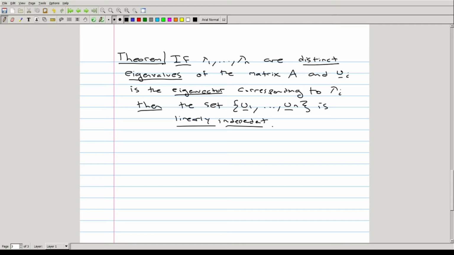And to prove this theorem, I'm just going to prove the specific case when n equals 2, but you can hopefully very clearly see that this can be easily extended to the case when n is any higher integer.